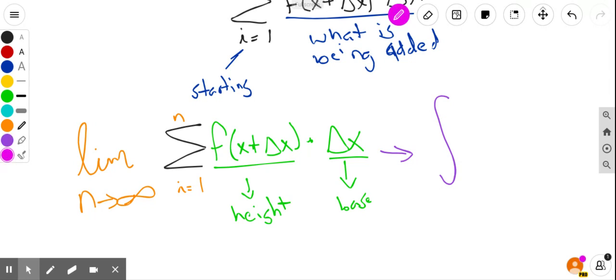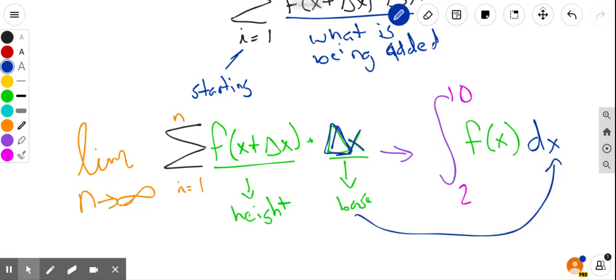I want to find the integral from 2 to 10 of the function with respect to x. So if you notice, this delta x shows up right here.